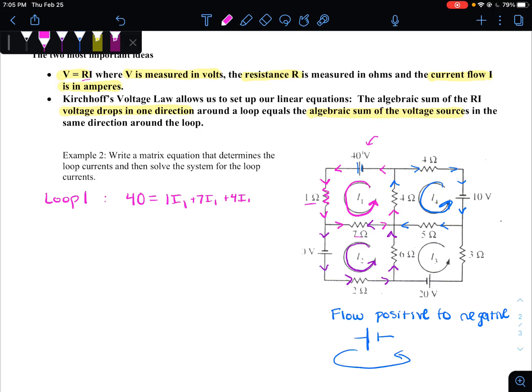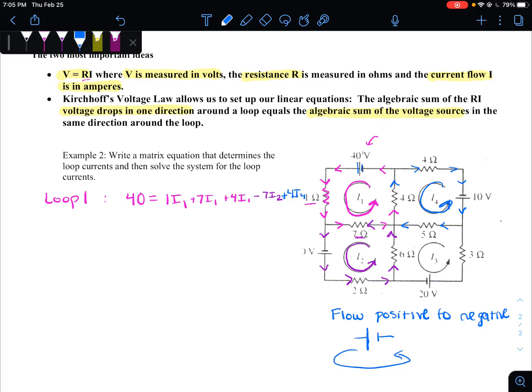But it's also interacting along the middle lines, those border lines, with I2 and I4. Notice that I2 is going in the opposite direction, so we have negative 7 I2. And then for the blue one, I4, it's going in the same direction, so we'll do plus 4 I4.